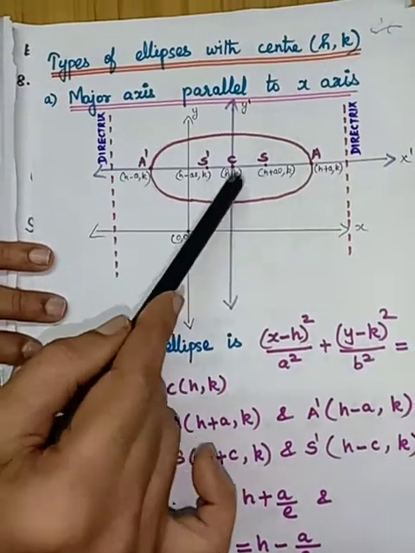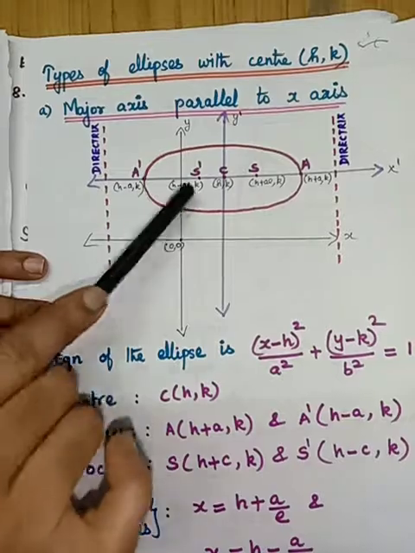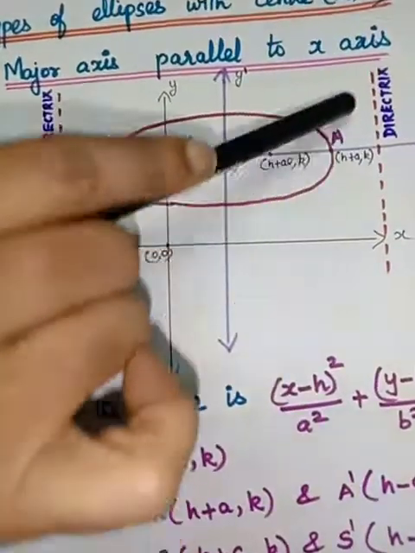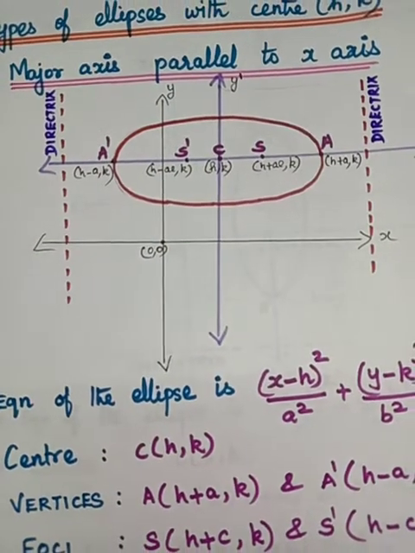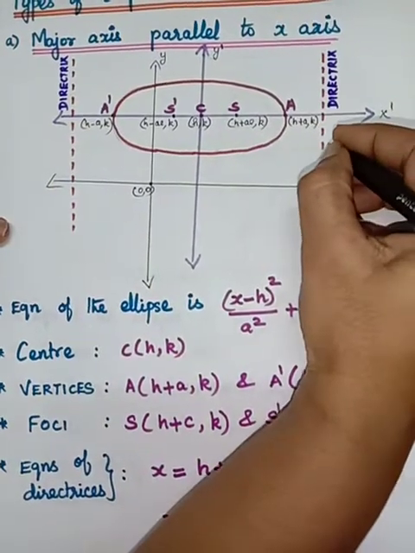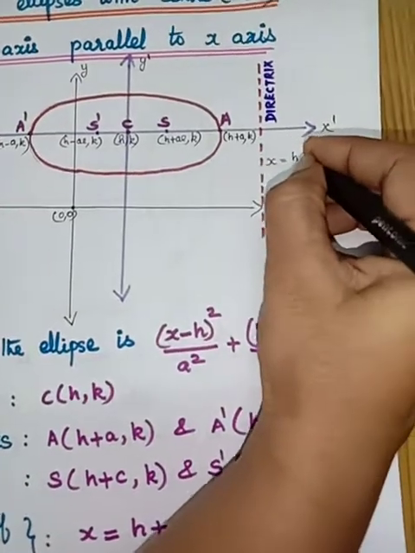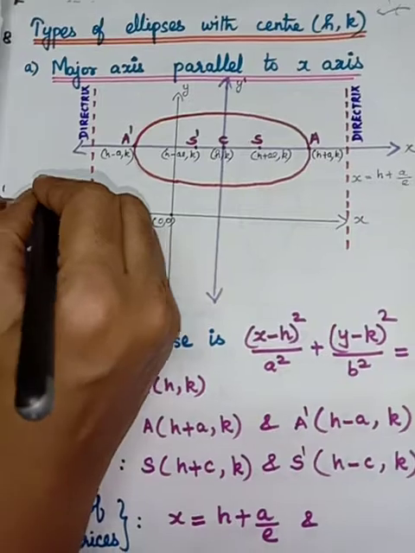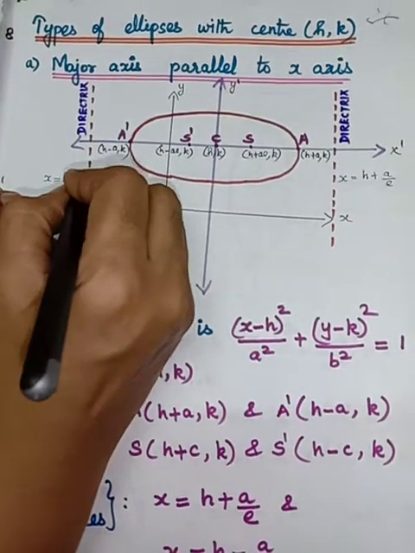In the same way, S dash will be h minus ae, k, and A dash will be h minus a, k. These two are the directrices. This is the equation of the directrix: x is equal to h plus a by e, and here the equation is x is equal to h minus a by e.